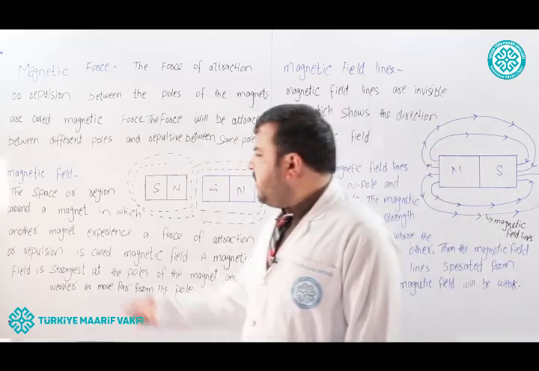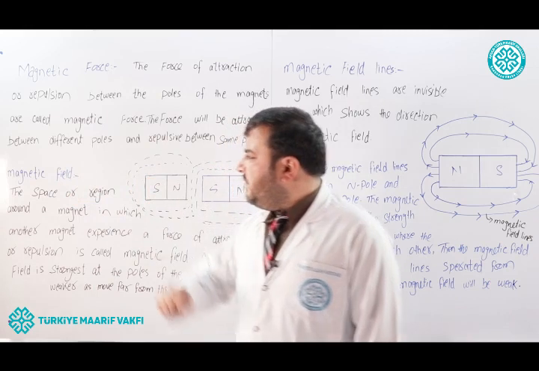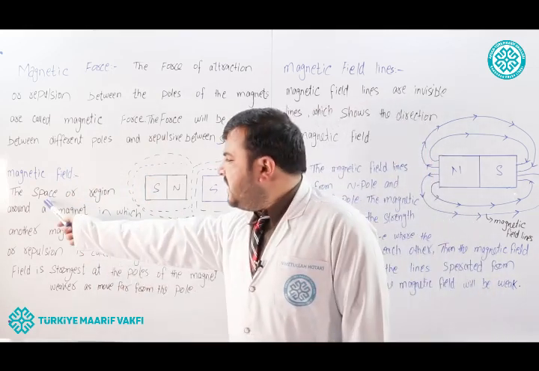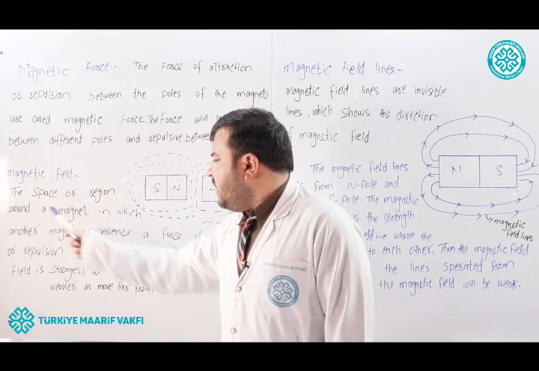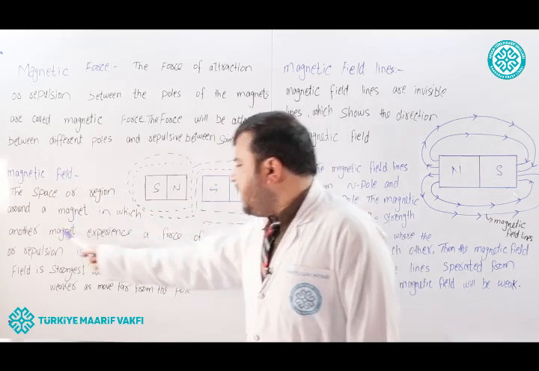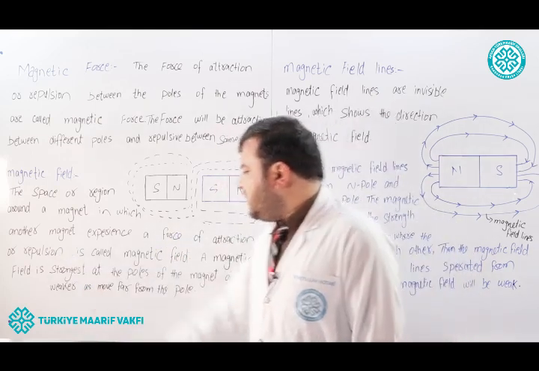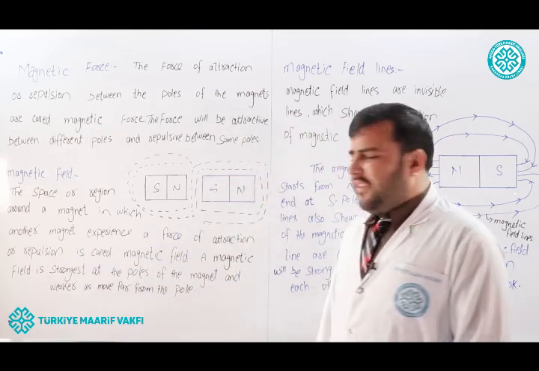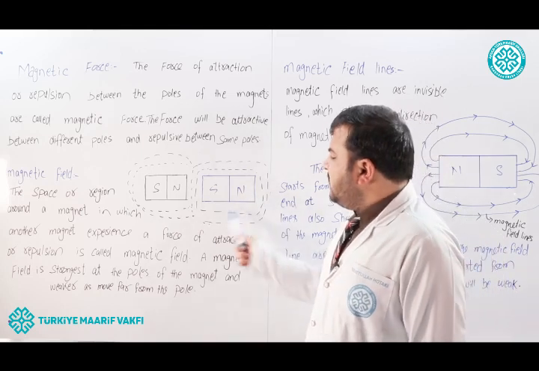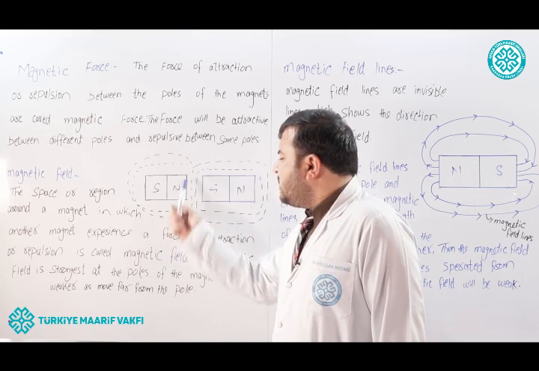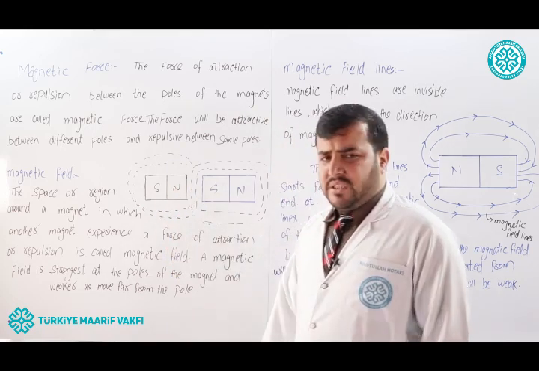Now we will move forward to the magnetic field. Magnetic field can be defined as the space or region around a magnet in which another magnet experiences a force of attraction or repulsion. Let us consider this is one magnet, and here from a small distance another magnet is placed.